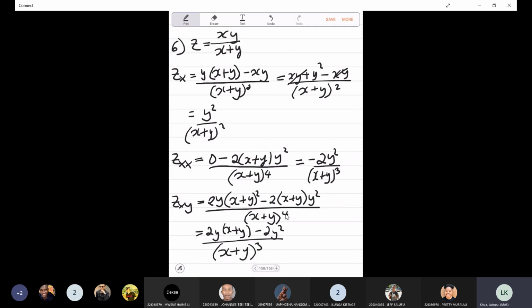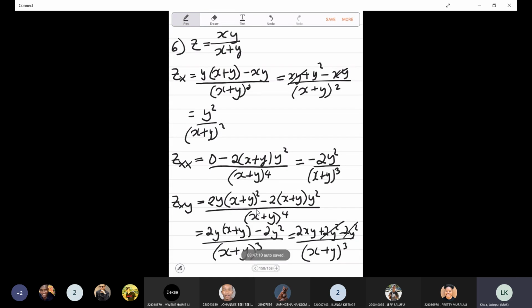Then we multiply out our brackets, and we can see that the 2y squareds will cancel. So this is 2xy plus 2y squared over x plus y to the power of 3.